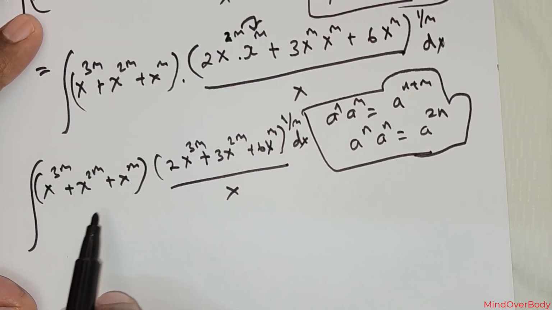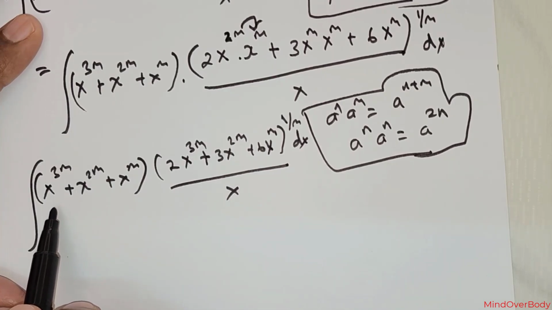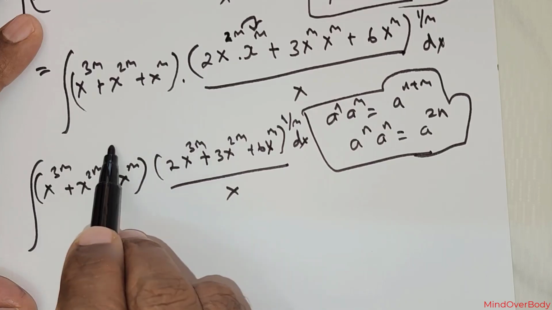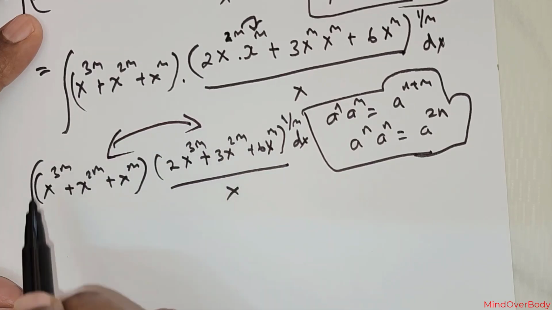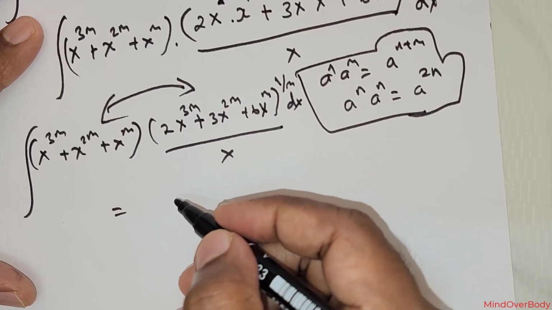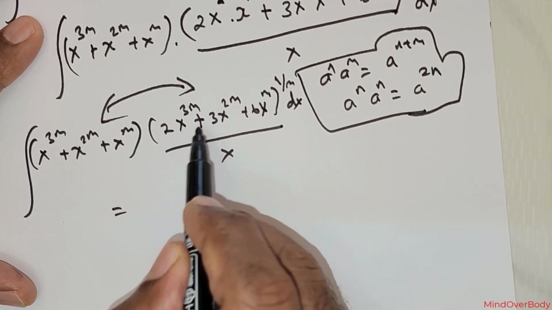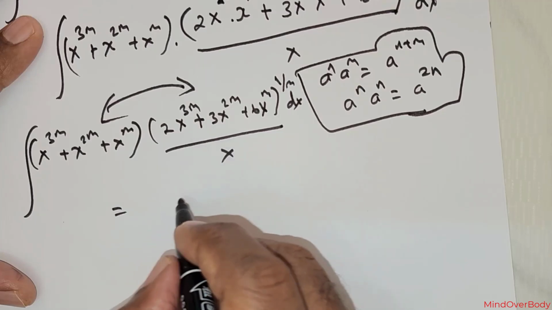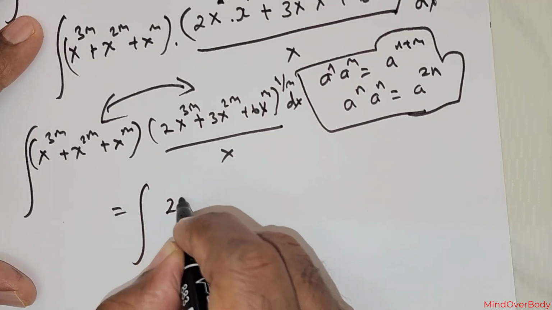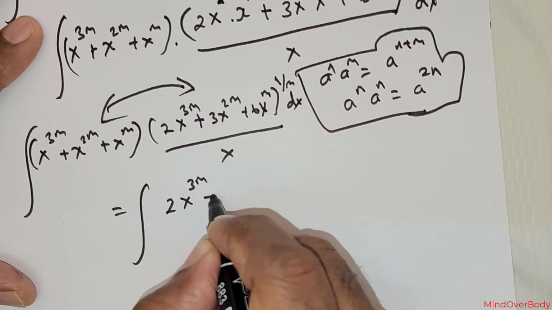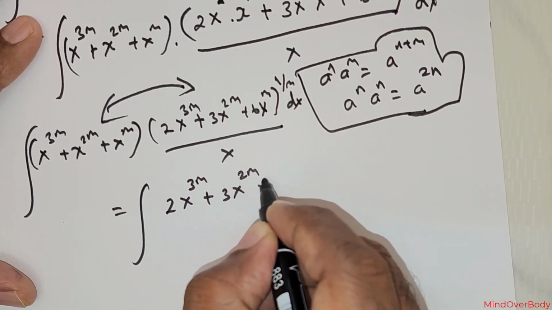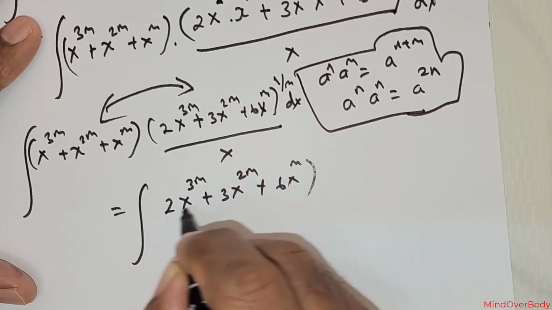Now, I would like to actually shuffle these two things out. So the meaning is, in place of this I would place this, in place of this I would bring this in. So this is equal to the integral of 2 times x raised to the power of 3m, positive 3 times x raised to the power of 2m, positive 6 times x raised to the power of m.